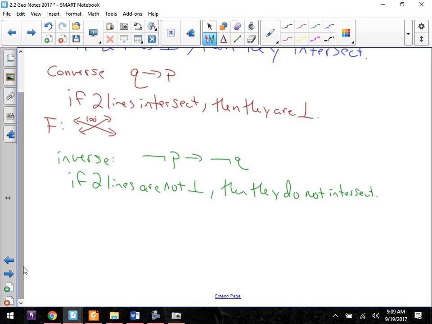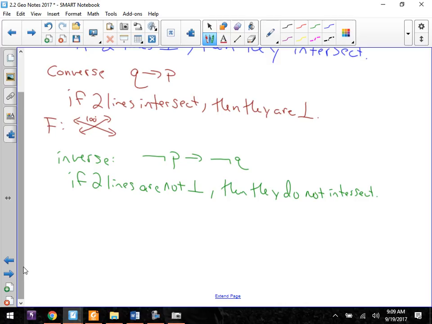Correct, that is false. Notice all we had to do there was throw the word not on both sides.